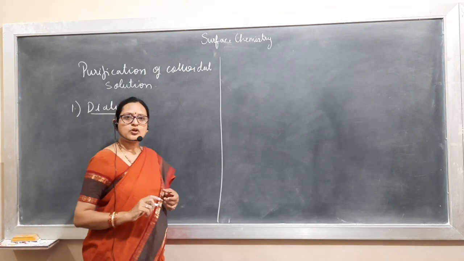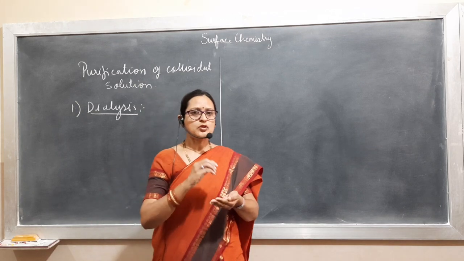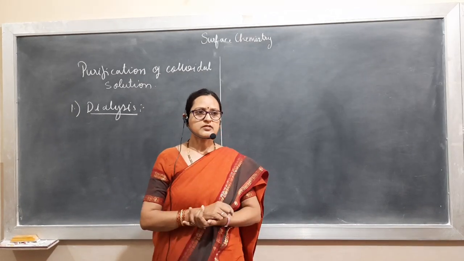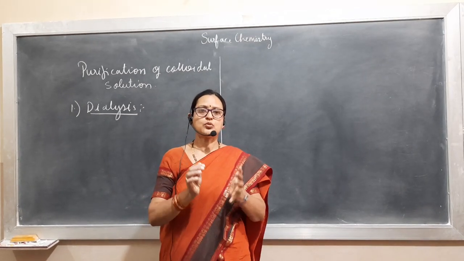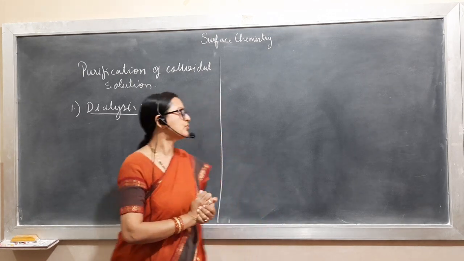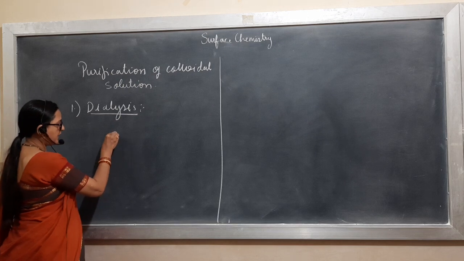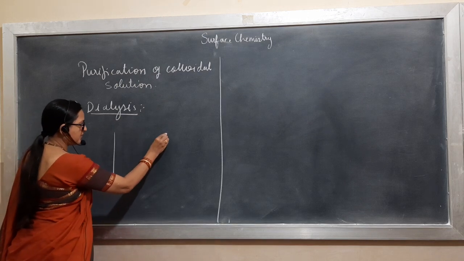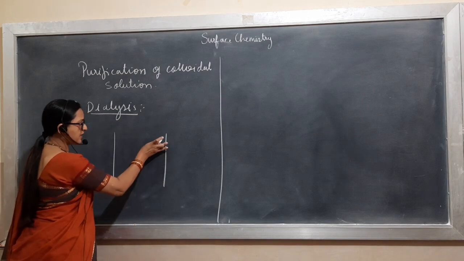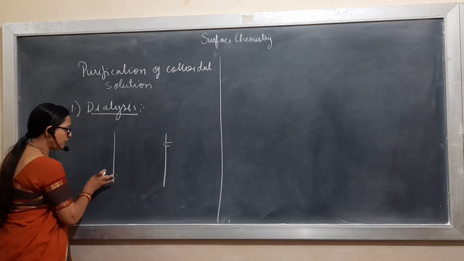During preparation of colloidal solution, there will be some soluble substance present in the solution. To remove that and get only colloidal particles, we are going to do an experiment called dialysis. For that, what we require is a container which is having continuous inward and outward flow of water.